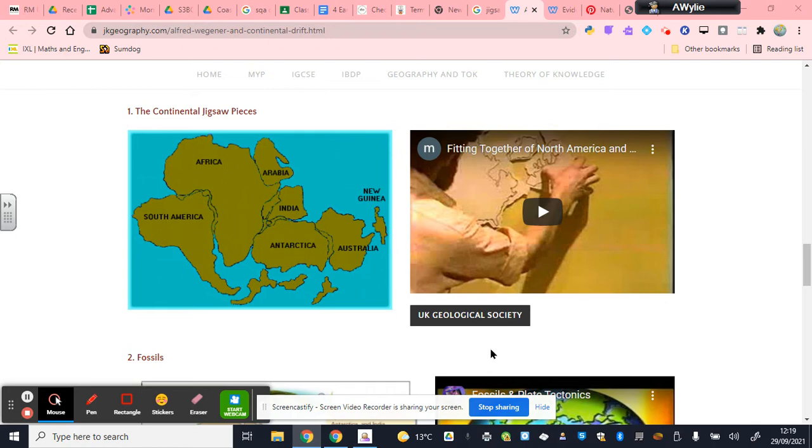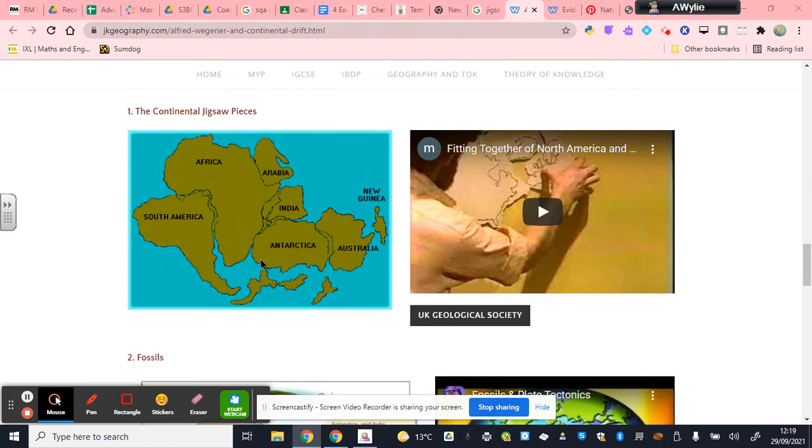So our first piece of evidence is continental jigsaw pieces, and that would be what I would title it. So how do the continental jigsaw pieces help us understand? Well, if we look very closely, we can see, especially South America and Africa, that the shape of the coasts of those two continents fit quite neatly.